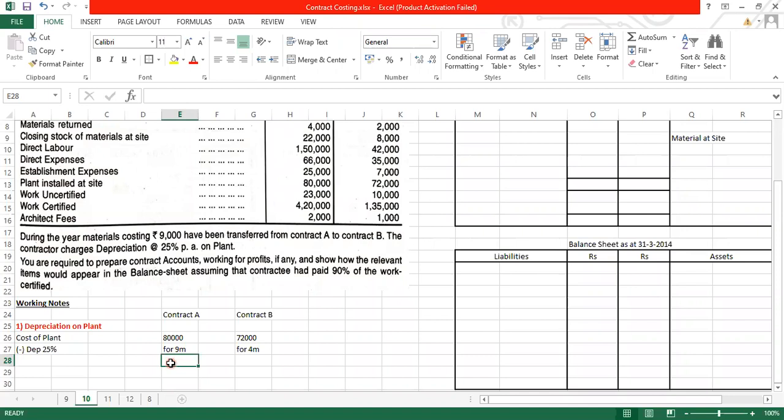When you take 25% of 80,000, you will get 20,000, and for 9 months this will be 15,000. WDV will be 80,000 minus 15,000.